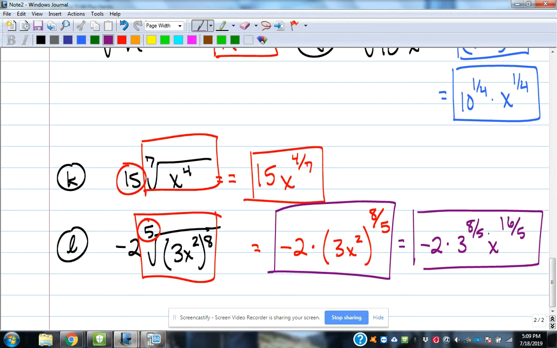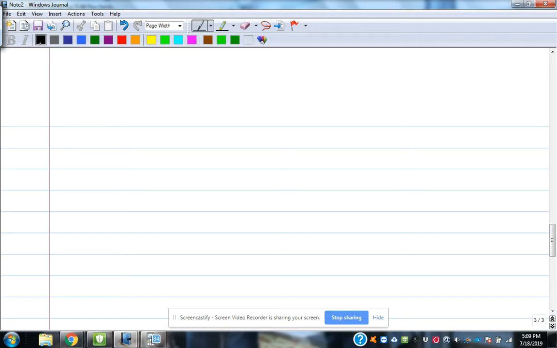All right, let's look at what if it's an even index of a variable, and what we've got to keep in mind here. Even indexes, when we took square roots in problems, a lot of times we had to do that plus or minus in front of it.